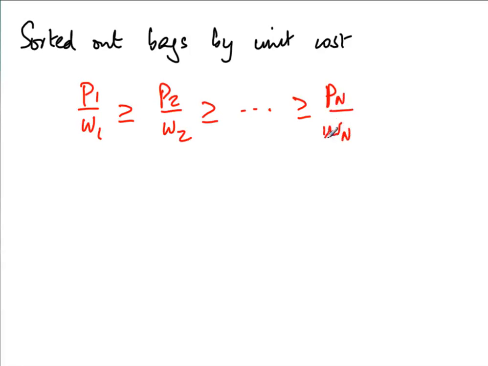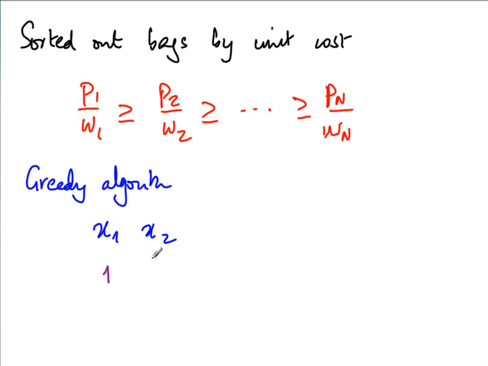So what we had done in our optimum solution is that we moved in our greedy algorithm, right? We constructed x1, x2, and so on. So what we would do is we would try to pick up as much of the first bag as possible. In general, we would pick up all of the bag. Then we would pick up as much of x2 as possible.